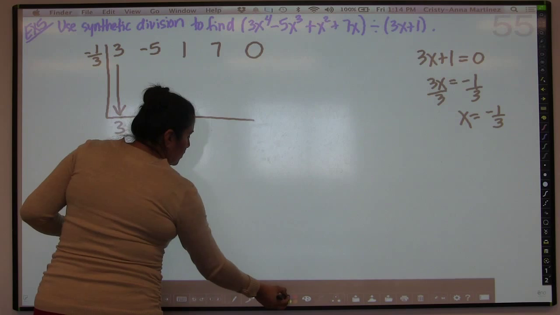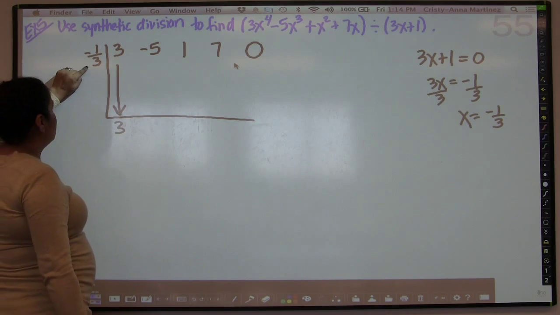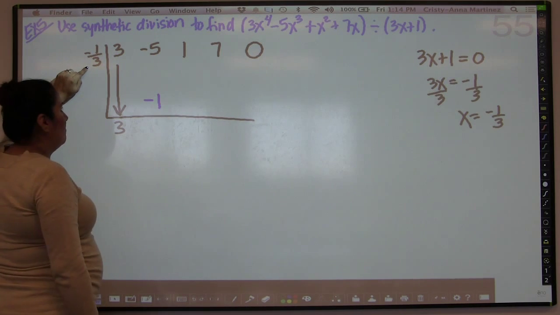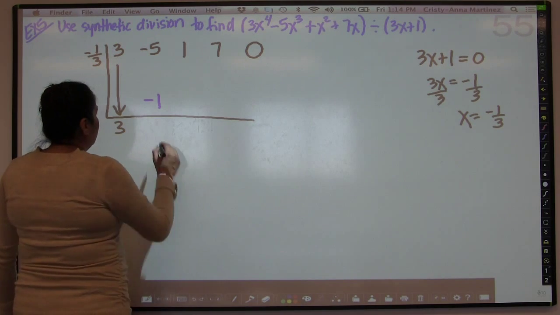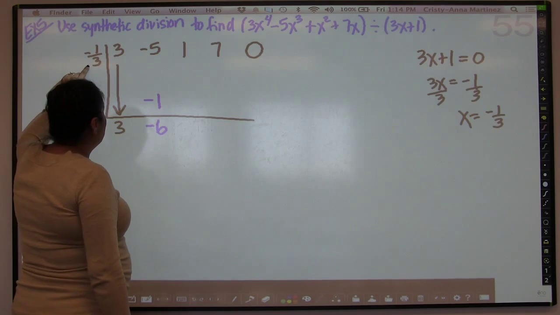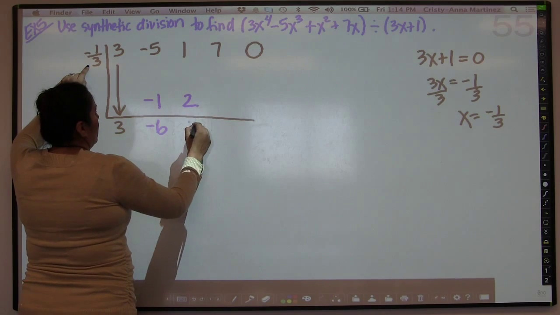So we're going to go 3 times negative 1/3 is negative 1. Negative 5, and again that's diagonally, right? So vertically we add negative 5 and negative 1 is negative 6. And then we multiply negative 6 and negative 1/3 is going to be positive 2. And then 2 and 1 vertically is going to be 3.